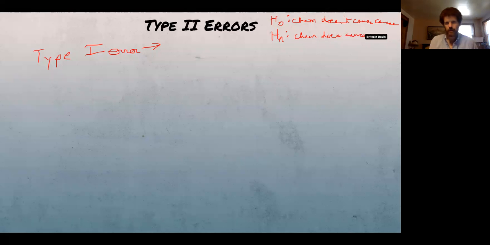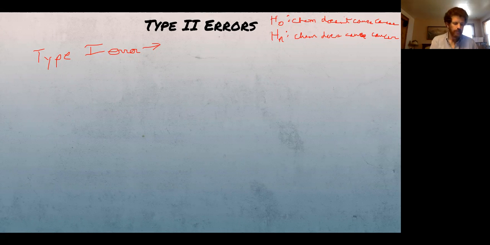We would be talking about the proportions being equal versus the proportions being different. But we're basically saying it doesn't cause cancer or it does cause cancer. And again, just to hedge my bets a little bit, we have evidence that it causes cancer. We're not looking into the actual biology of it.